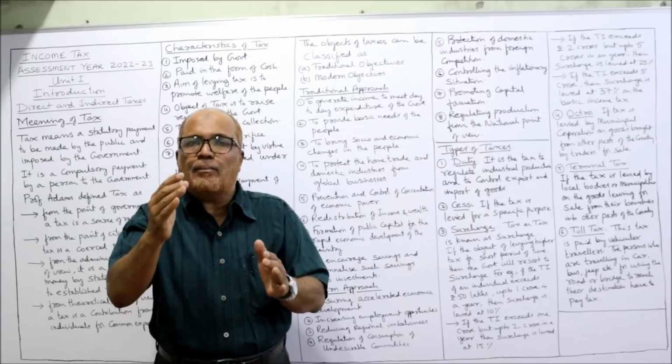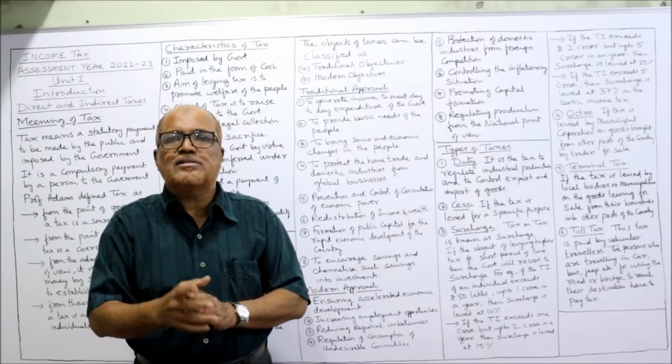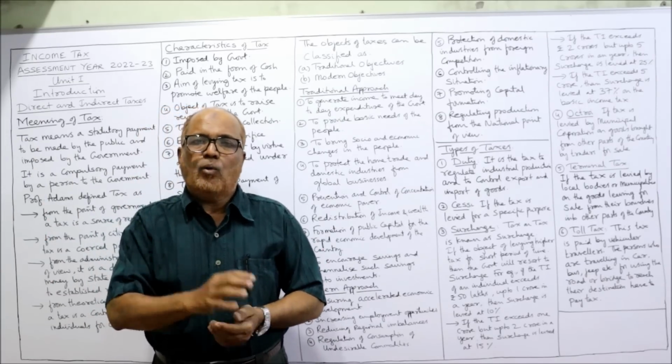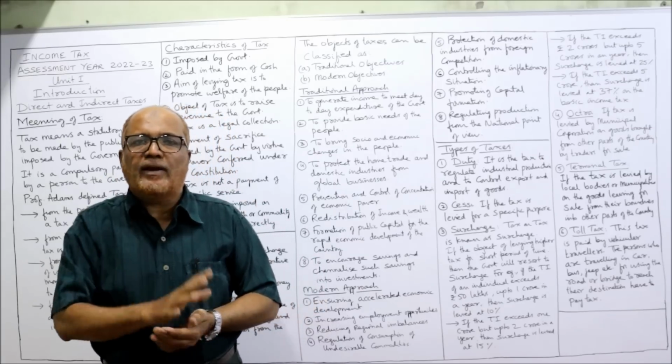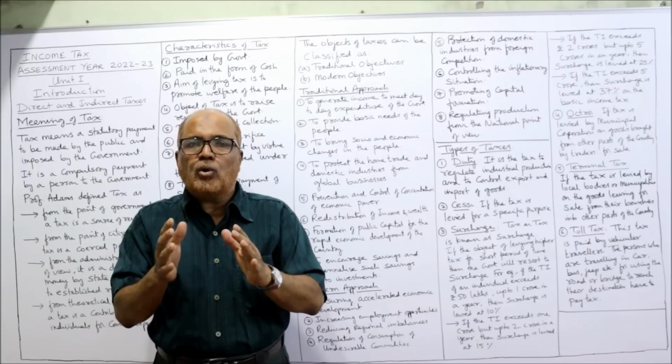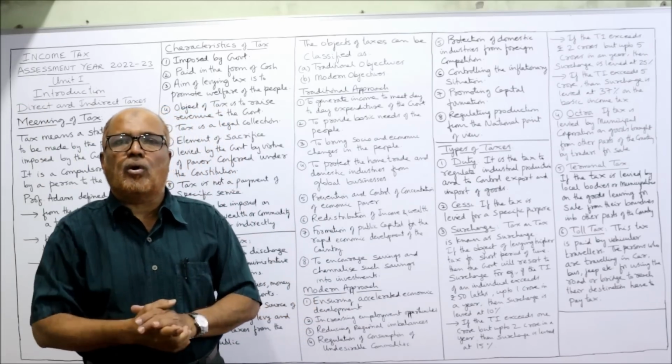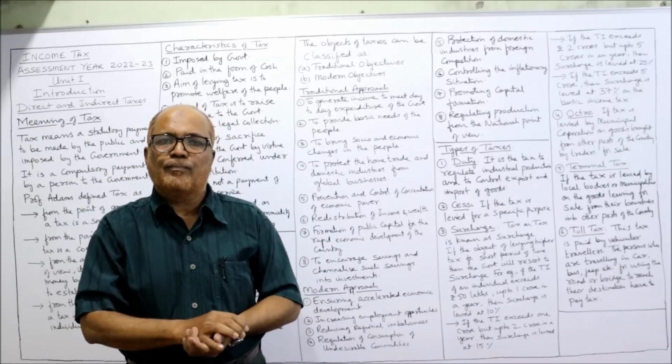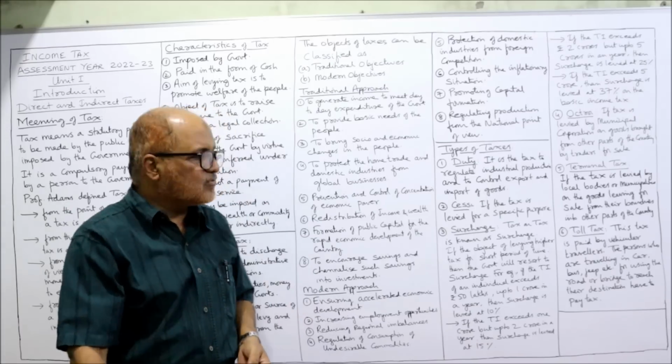If the total income exceeds 50 lakh rupees up to 1 crore, 10% is the rate of surcharge. If the total income exceeds 1 crore but is up to 2 crore, the surcharge rate is 15%.